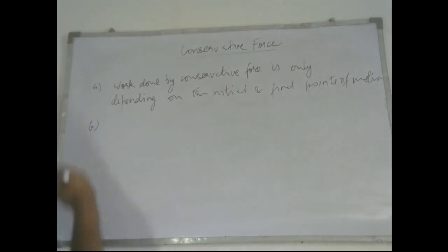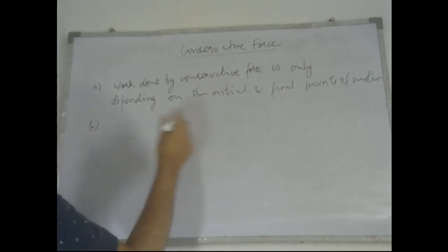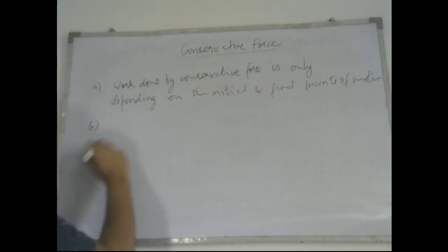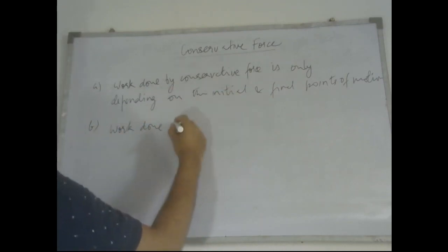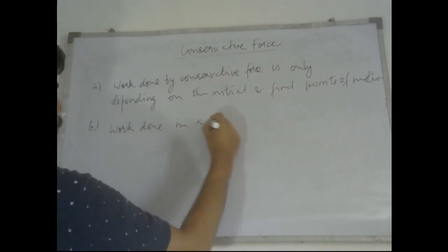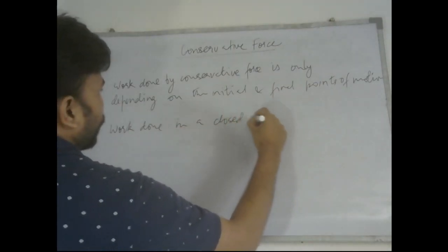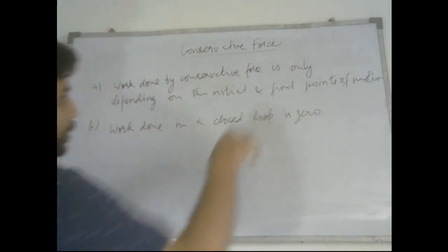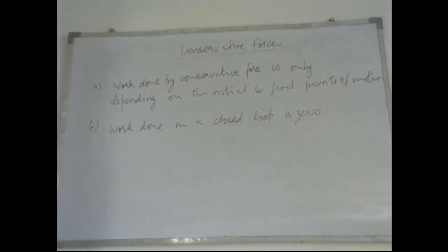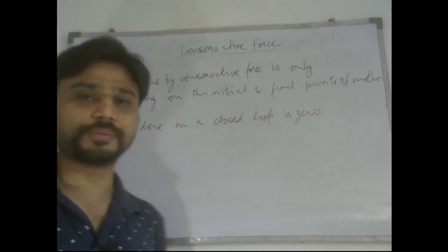Next, we are going to define this in a different manner: the work done by such a force in a closed loop is zero. Both of these expressions are equivalent and lead to the same result for a conservative force.